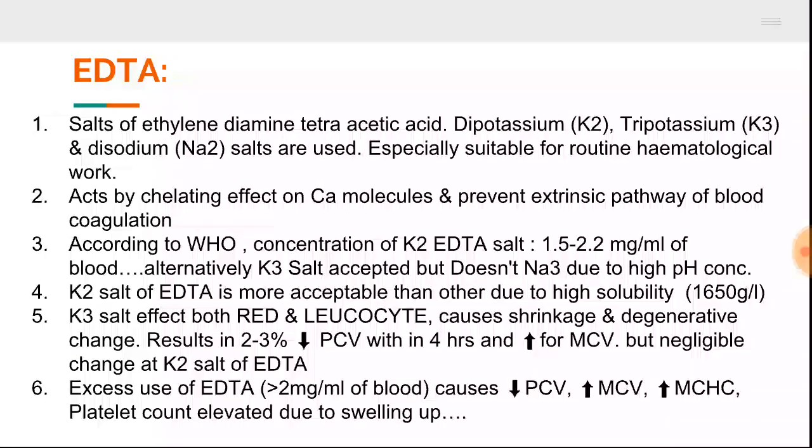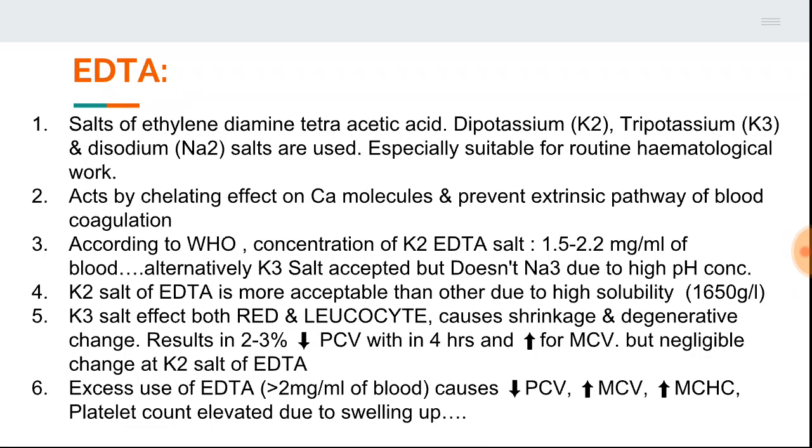According to the WHO, the concentration of dipotassium EDTA salt is 1.5 to 2.2 mg per ml of blood. Alternatively, tripotassium salt is accepted, but trisodium salt is not accepted due to its high pH.